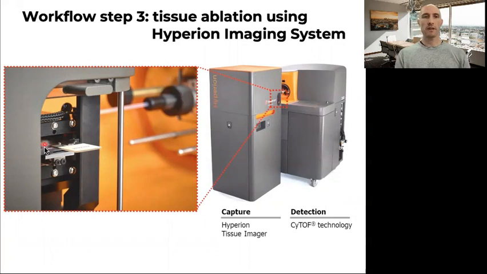The magnified image you have here shows the ablation chamber of the Hyperion, where you will place your slide glass in order for this to be ablated. So we use slide glass exactly the same as you use for immunohistochemistry. So no special requirements in there.